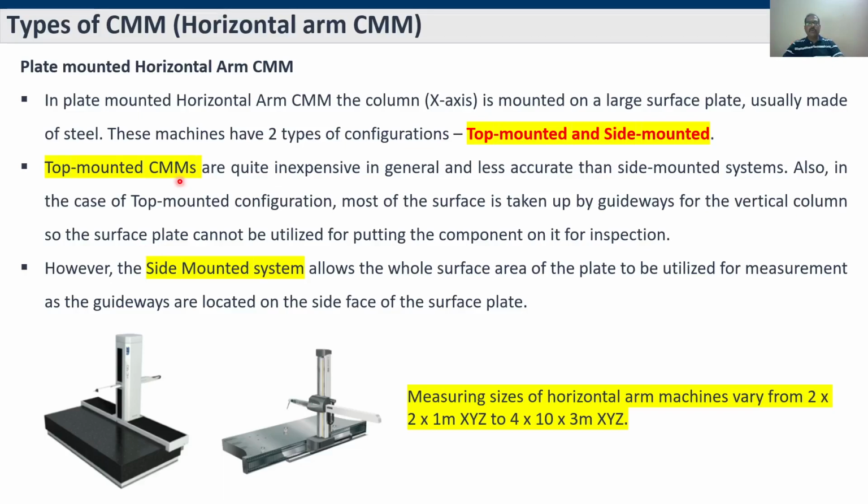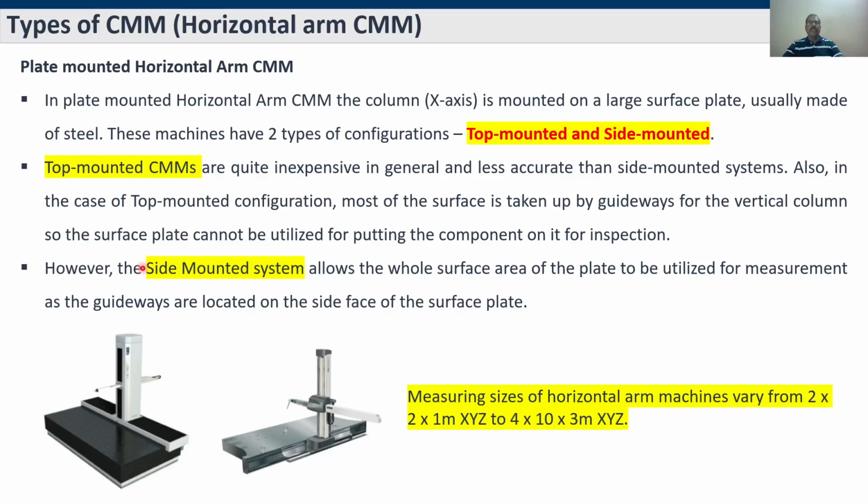Top mounted CMMs are quite inexpensive in general and less accurate than side mounted systems. Also, in the top mounted configuration, most of the surface is taken up by guideways for the vertical column. So the surface plate cannot be used for putting the component on it for inspection. Because this is kept here, you can't keep a big component or measure comparatively.